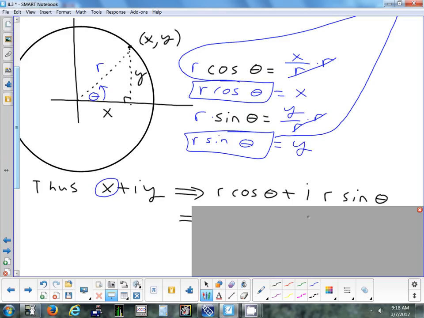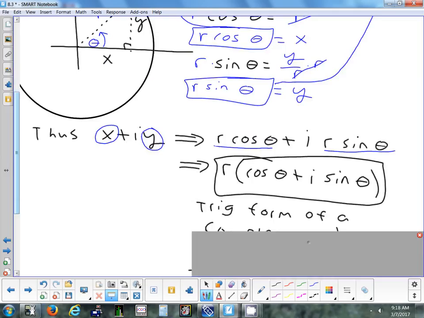And replace y with r sine theta. And that's what I did right there. So there's x, there's y. Those two things I underlined in blue, what do they both have in common in front of them? An r. And when two things have something in common, what can you do with the thing that they have in common? You can factor it out.